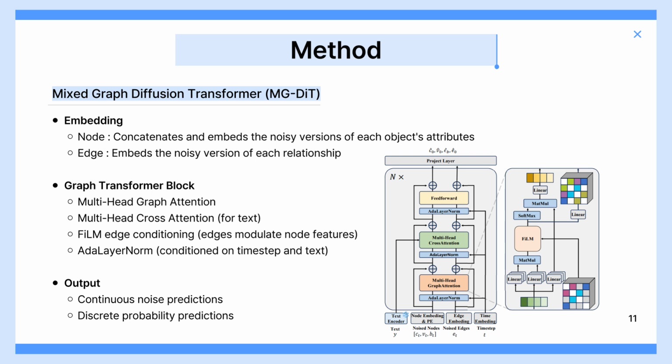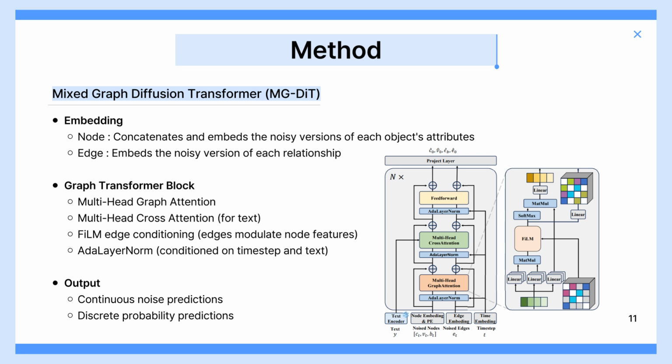The model uses a graph transformer block, which includes graph attention, cross attention for text, and FiLM conditioning that allows relationship information to modulate the node features. It also uses adaptive layer normalization to inject time-step information and text conditioning.